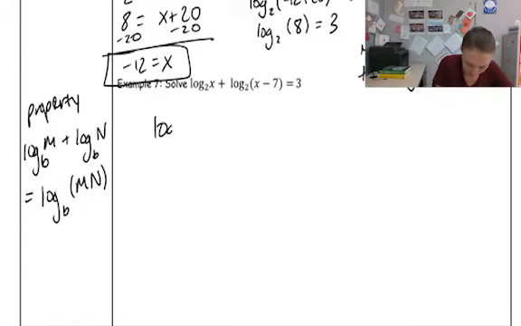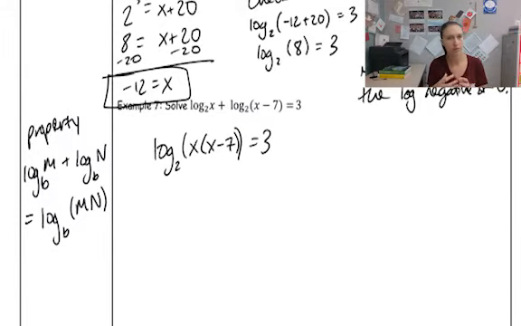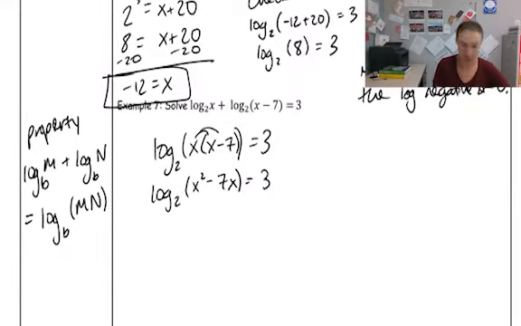So log base 2 of x times x minus 7 equals 3. I'm going to combine those 2 logs into one by using my product rule. I can simplify the inside of this as x squared minus 7x, distributing that x in, and then change to exponential form. 2 to the third equals x squared minus 7x.